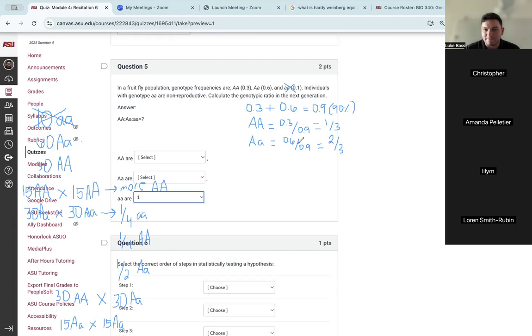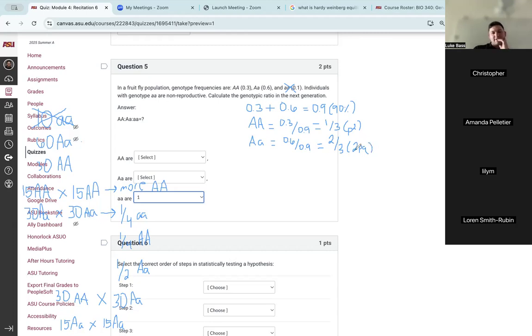Let me think here. So this is p squared. And this is 2pq, technically, if we use the Hardy-Weinberg equations.